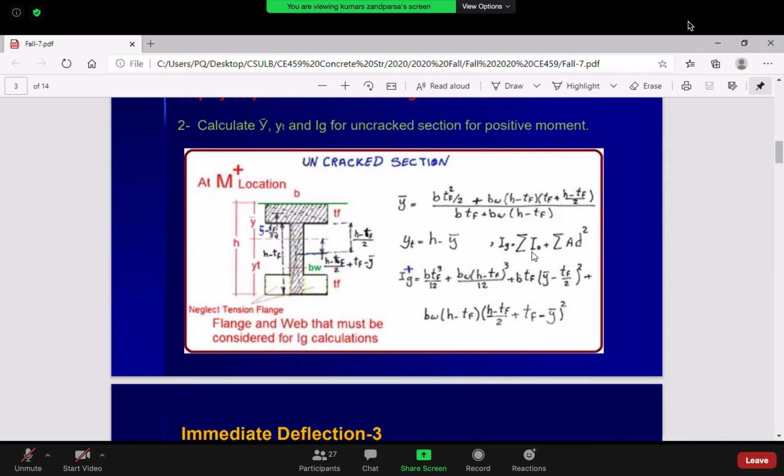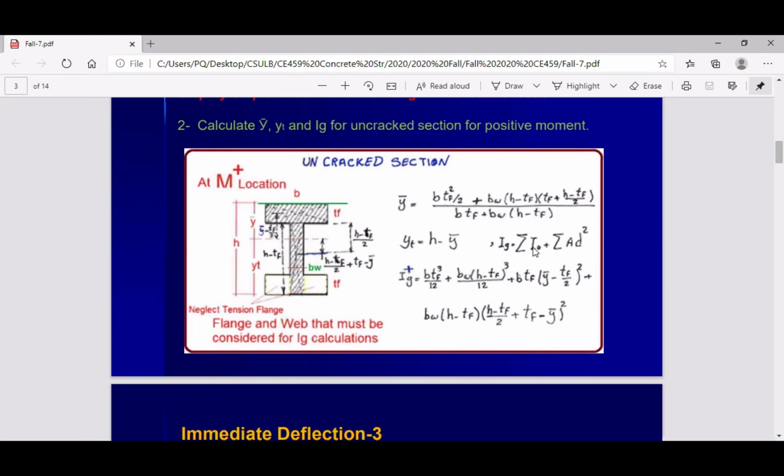So IG, as you might remember, you should go with sigma IO plus sigma A d squared. IO means moment of inertia around its own axis. This section about this axis, this section about this axis. About this axis, it is B TF to the power 3 divided by 12.